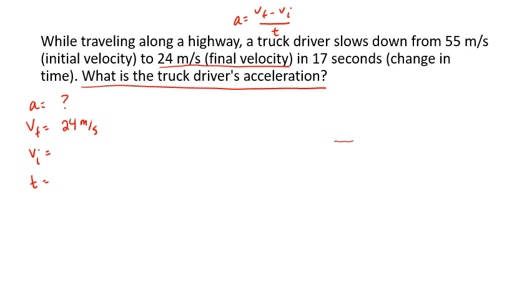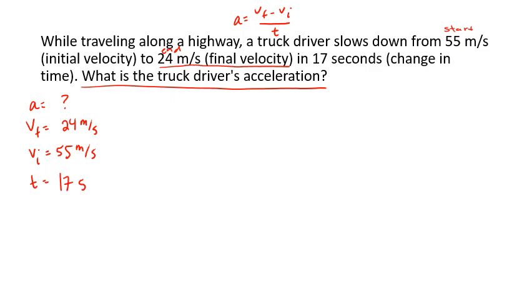It says a truck driver slows down from 55 to 24. So it was originally starting at 55, then he started hitting the brakes, and he slowed down to 24, so that's the end. So end is final, start is initial. Our initial velocity is going to be 55 meters per second, and our time is going to be 17 seconds.